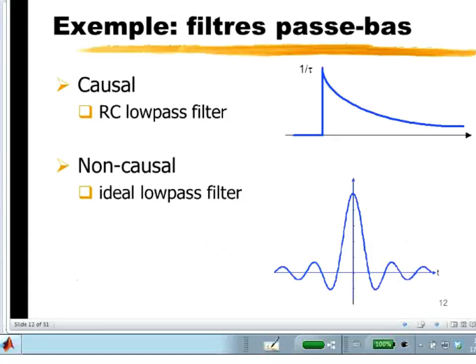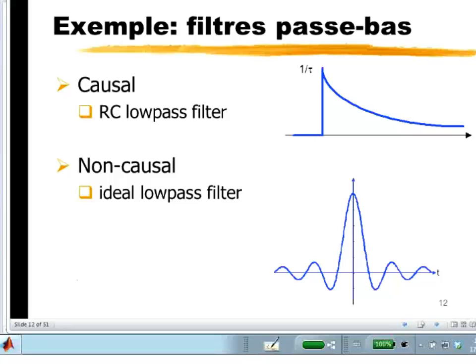For instance, let's look at the low-pass filter. If we look at a causal version of a low-pass filter, not an ideal low-pass filter, but a filter that filters out high-frequency content, one version would be an RC. This is a resistance capacitive circuit, an RC circuit, that forms a low-pass filter. And we can see that it has a frequency response that is 0 and then falls off exponentially.